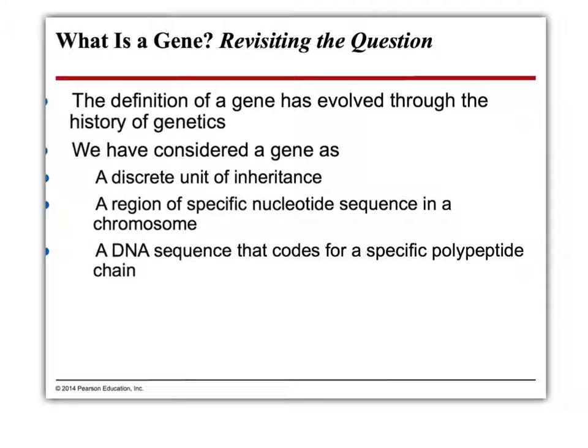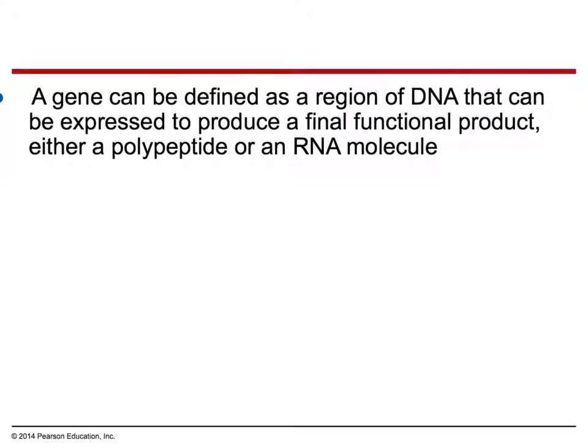That's the genetic code for a functional protein. Usually, one gene codes for one protein. Well, we know that's not necessarily true because of alternative splicing.